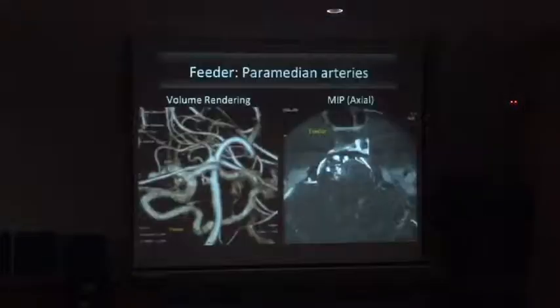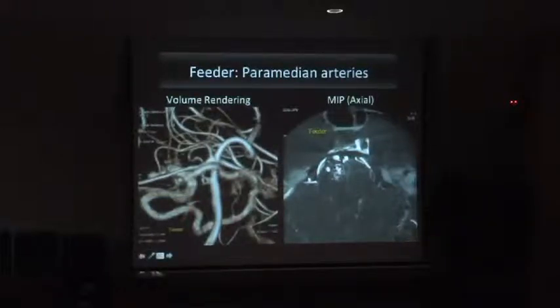The angiogram shows the AVM. And the left side is volume rendering image, and the right side is MIP image. Here are paramedian arteries branching from the basilar artery.